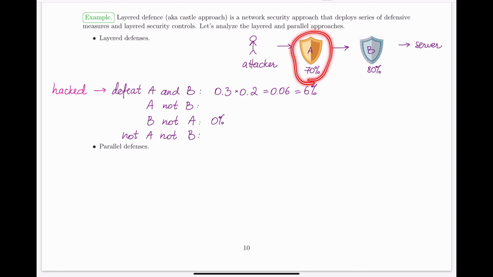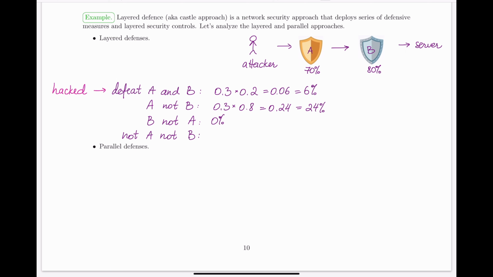They're able to hack A, which is secure 70% of the time, which means that they're able to hack it 30% of the time, but they will not be able to hack B. The control B is effective 80% of the time, which means that it will stand strong. And so one after another, control A being hacked, control B not being hacked, will give us altogether 0.24 or 24% chance of success.